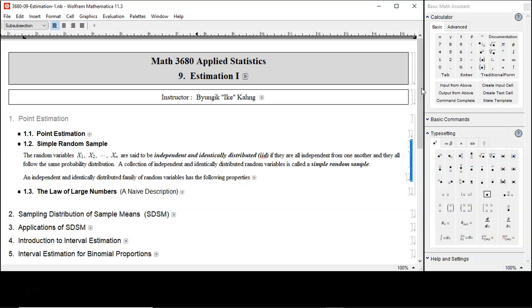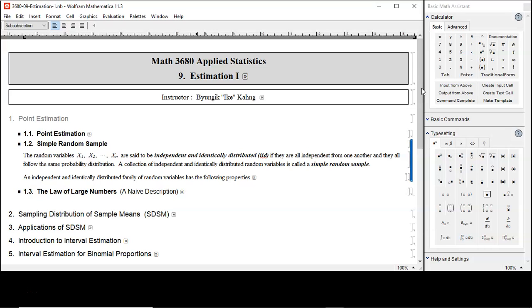For example, if you have an urn of some colored balls, and you select a ball with replacement, put it back independently and repeat it, say 500 times. There you go. You have a collection of independent and identically distributed random variables x1 through x500 if you repeat it 500 times.